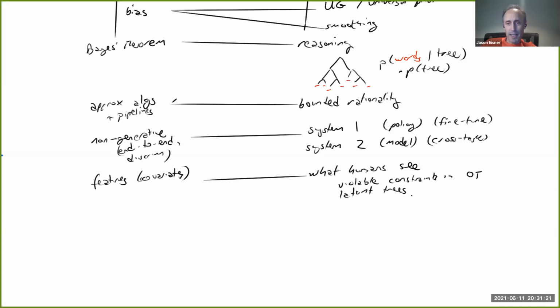Sorry, I should say, when I say feature here, let's call these attributes. So we have morphological and phonological attributes. I want to distinguish those from features in the sense of things that have weights on them. So these are things that linguists care about.